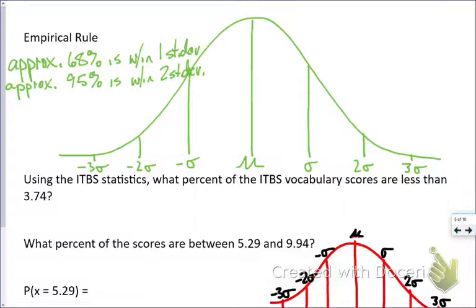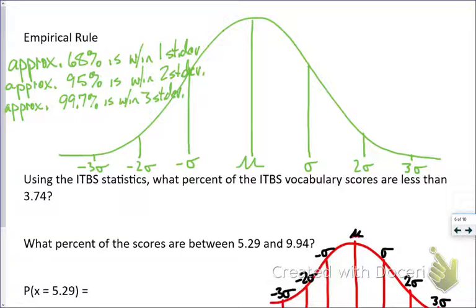And then lastly, approximately 99.7% is within 3 standard deviations. So, and then likewise, you would shade between the -3 and the +3. But you can just label this if you want.